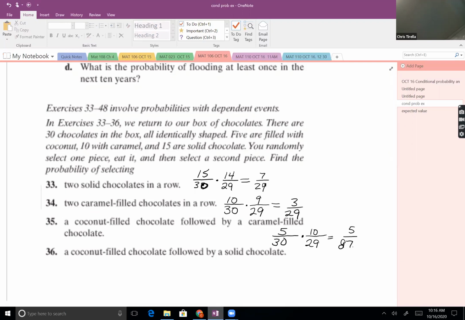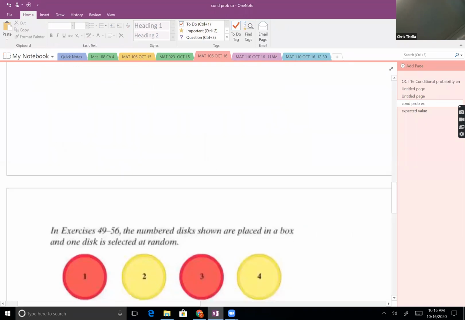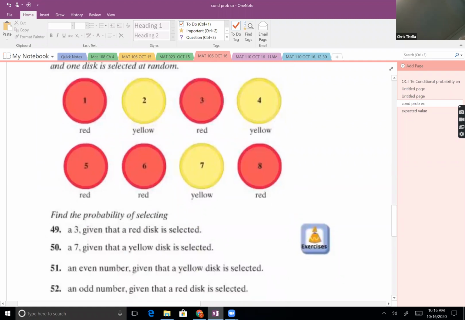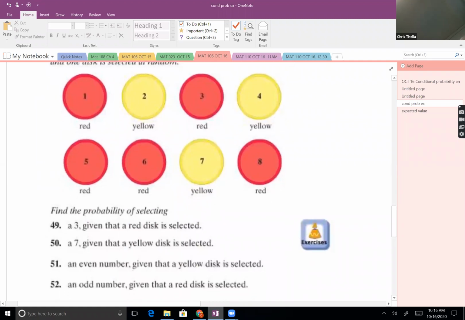And that's dependent events. Now, when I look more at that idea of conditional probability, I have these numbered discs in a box. One is selected at random. It asks me, what's the probability of selecting a 3, given a red disc is selected? This is that conditional probability.